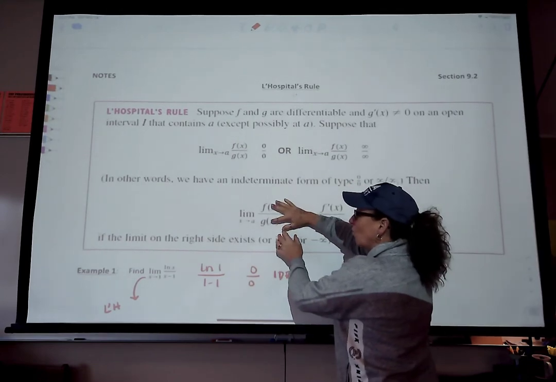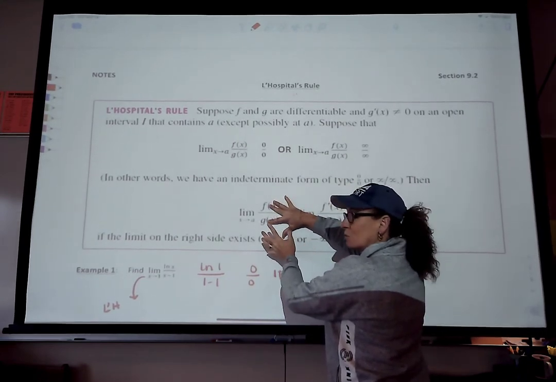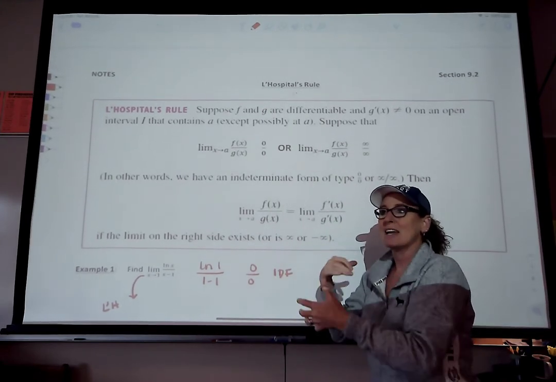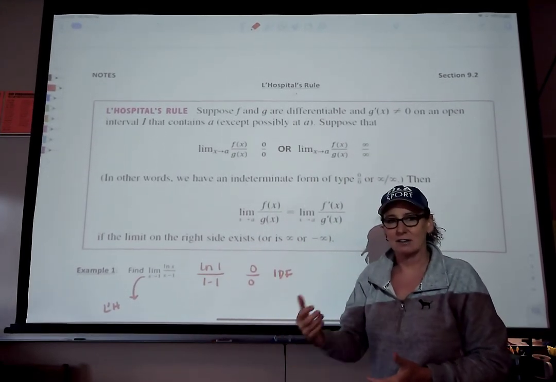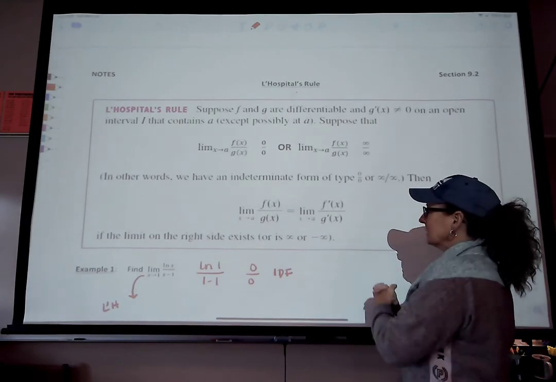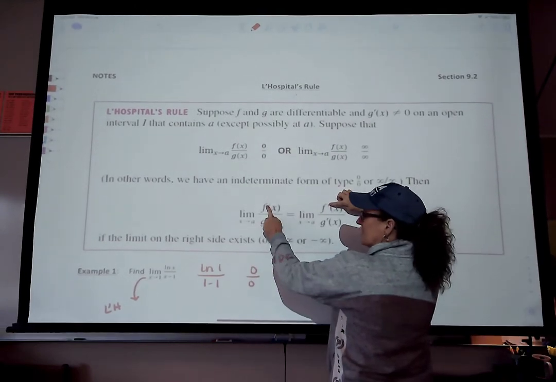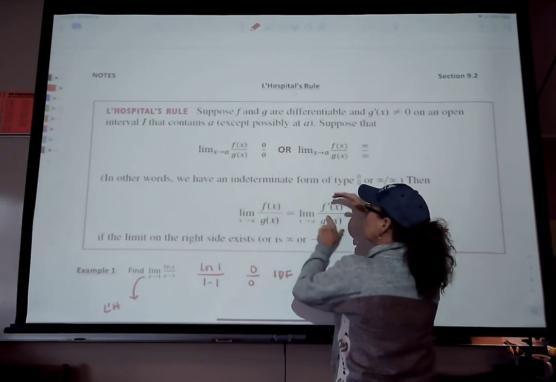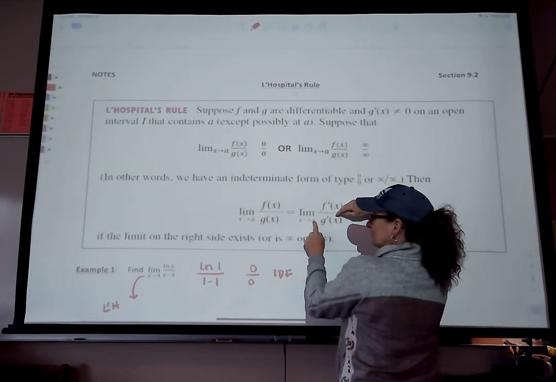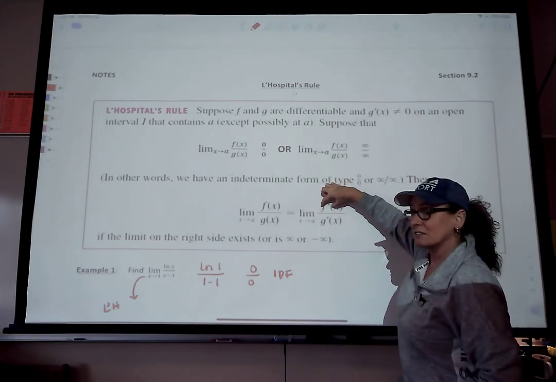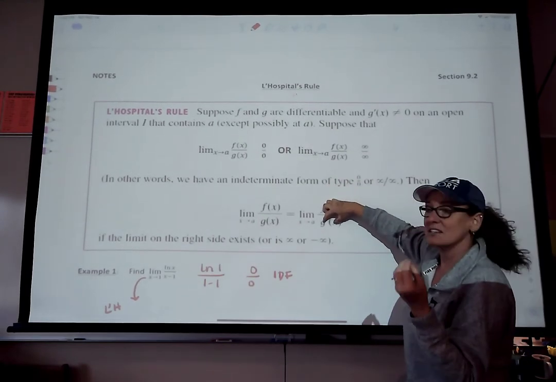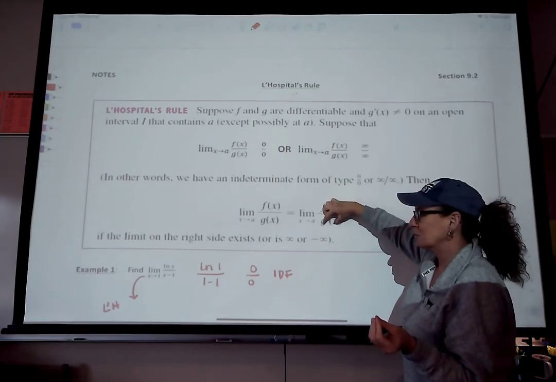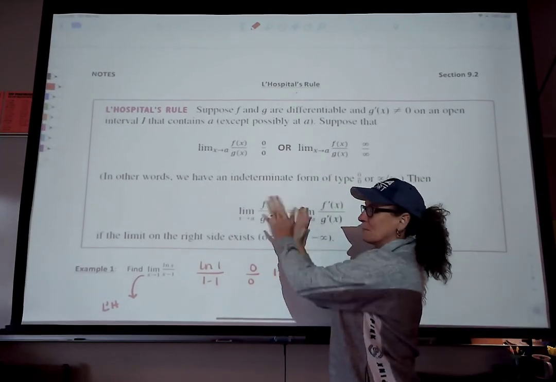And whatever the y values would have been when you're trying to compare them, their slopes make that same comparison. So we're doing rate of change on this function, we're doing rate of change on this function, and then we're finding out, as x approaches a, where is this one's slope headed, where is this one's slope headed? And we'll compare slope of this one to slope of this one and say, ah, there's my answer.